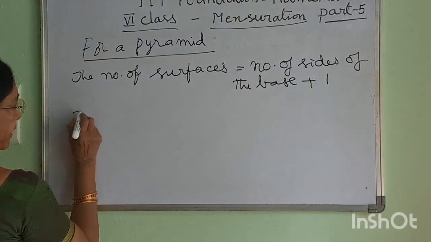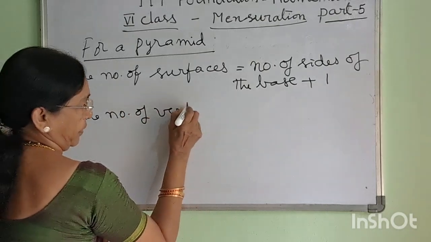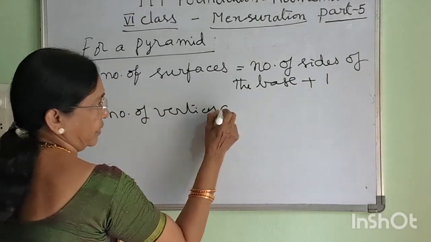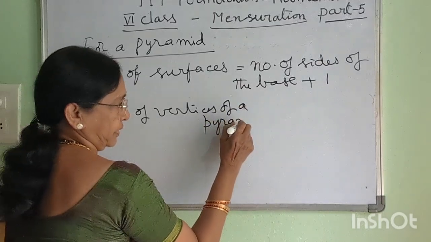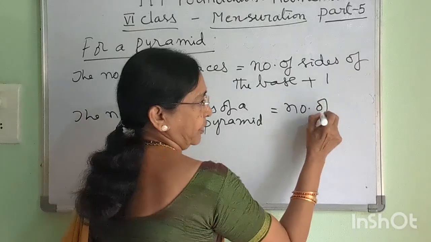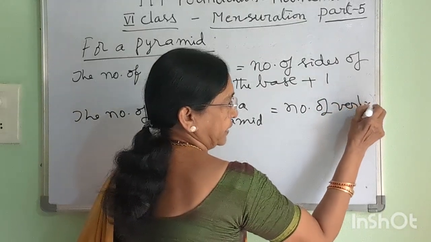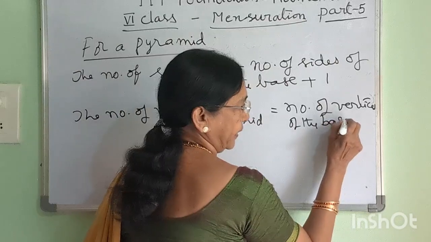Next, the number of vertices of a pyramid is equal to the number of vertices of the base plus 1.